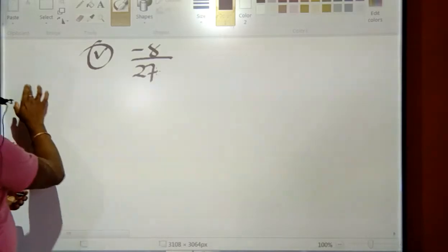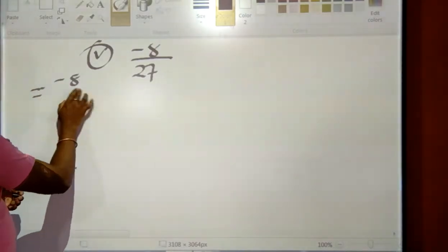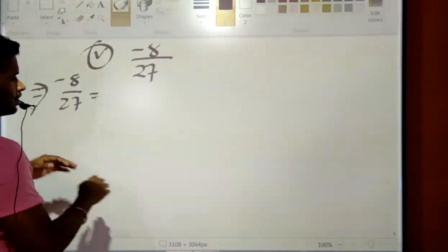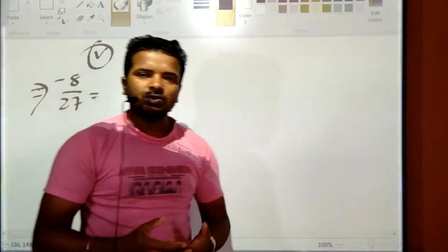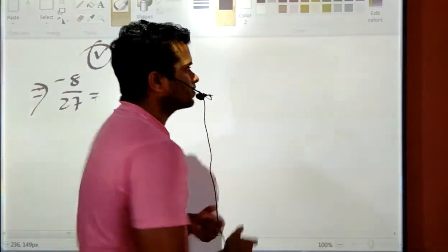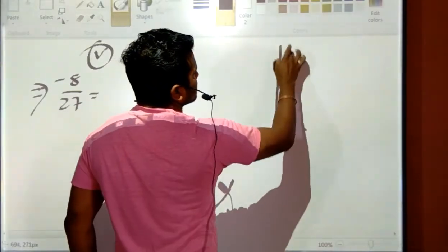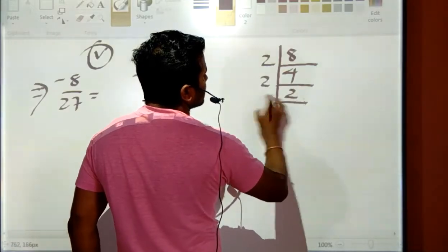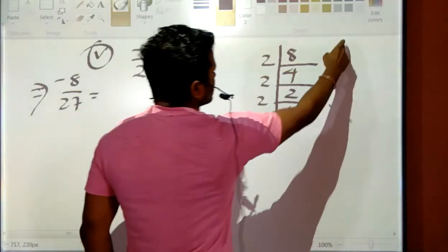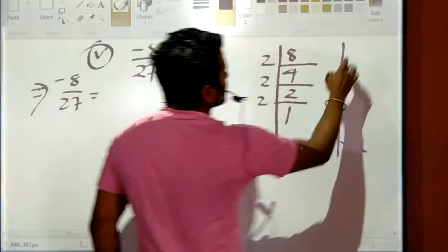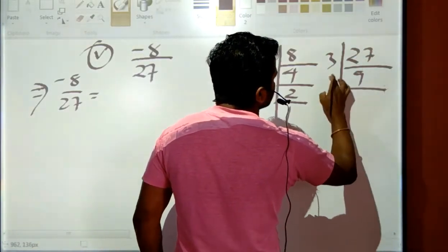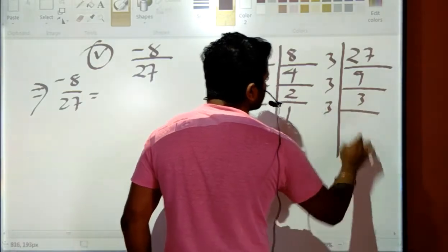It is a fraction, so we need to take out the LCM of 8 and 27. First for 8: 2 4s are 8, 2 2s are 4, and 2 1s are 2. Now for 27: 3 9s are 27, 3 3s are 9 and 3 1s are 3.